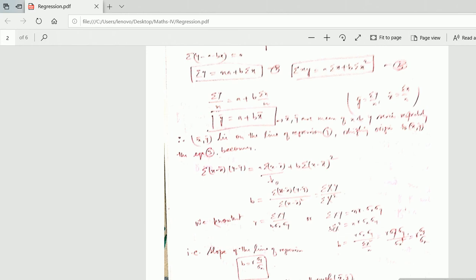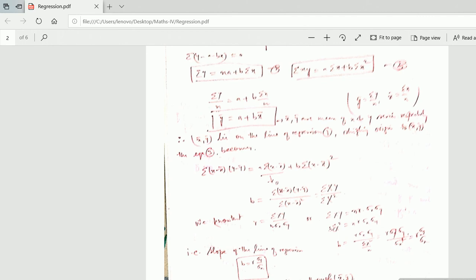So we know that b equals to this much, but we also know that r equals summation xy upon n sigma x sigma y, or sigma xy is equal to this, from here only you can get.